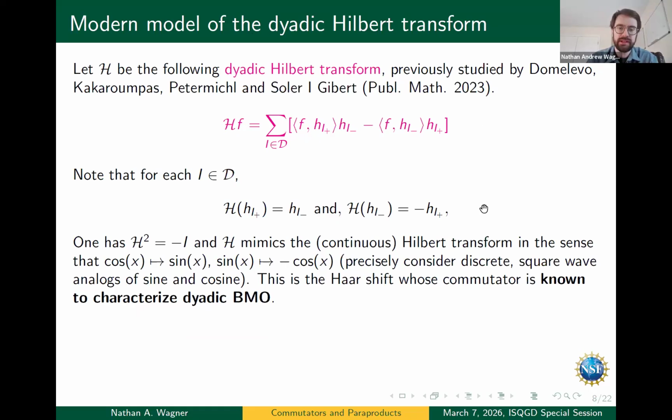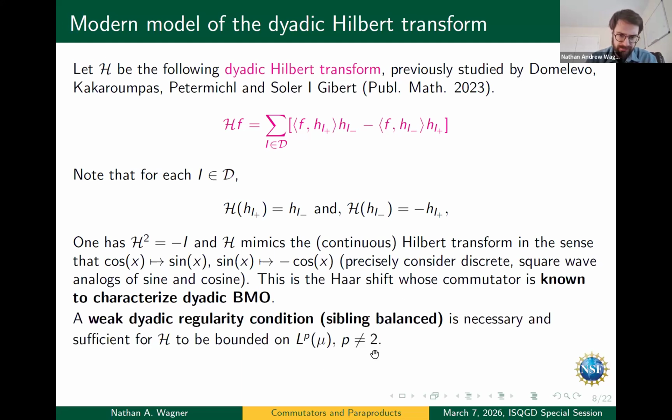Now, this is all in the Lebesgue setting. I'll mention that if we move to the non-homogeneous setting, which is what we want to do, and we define H with Haar functions now that are orthonormal in L2(mu), you actually need to impose a weak dyadic regularity condition that's necessary and sufficient for this operator to be bounded on L^p(mu) for p not equal to 2.